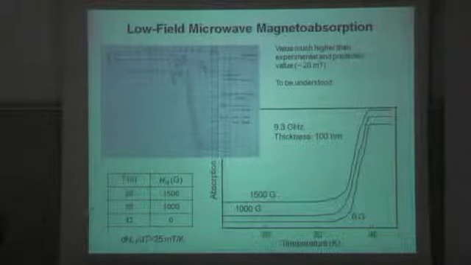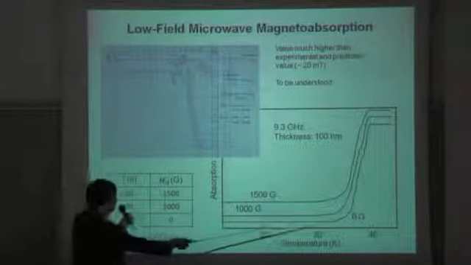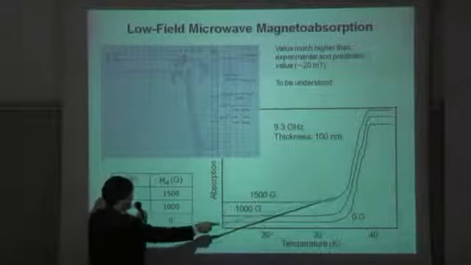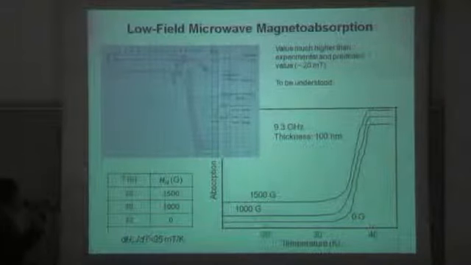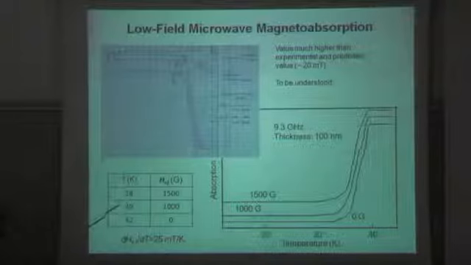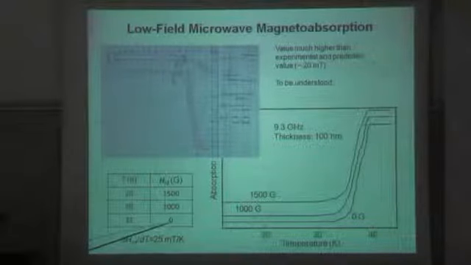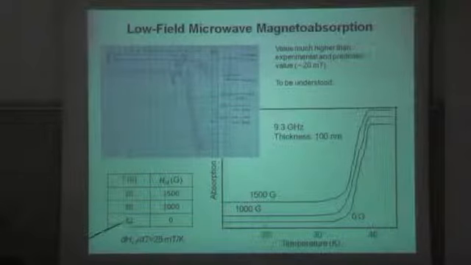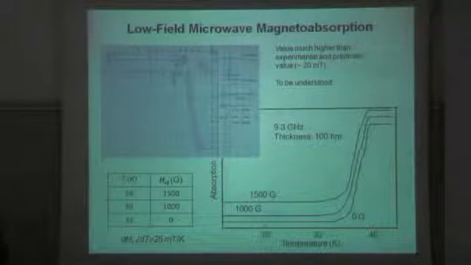It starts to go up at different temperatures. With no field, absorption starts to go up at 32 Kelvin; at 1,000 Gauss, 30 Kelvin; and 1,500 Gauss corresponds to 28 Kelvin.